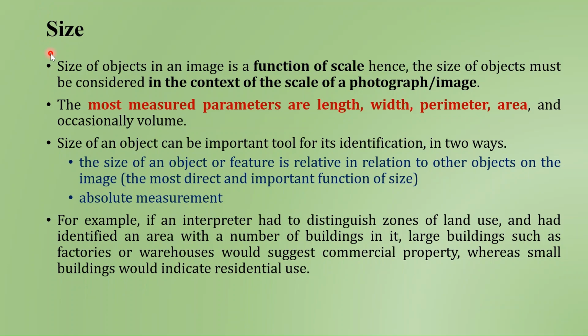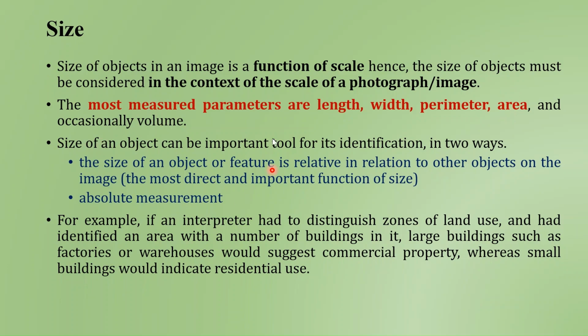Within shape, the next element, that is size, is important in identifying one feature from another. The size of the object is a function of scale, and it must be considered in the context of the scale of the photograph or the image. The most measured parameters within size are the length, width, perimeter and area, and sometimes the volume also.